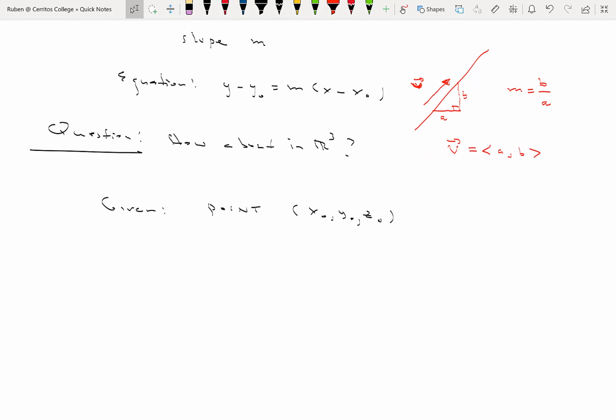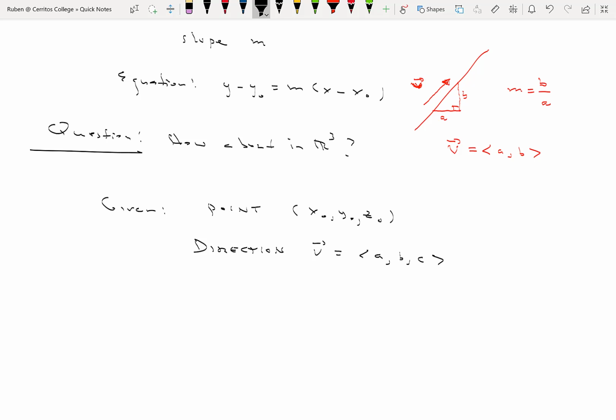So instead of the slope, we're going to be given a direction vector, let's say direction vector v, whose components are, say, a, b, and c in R3.